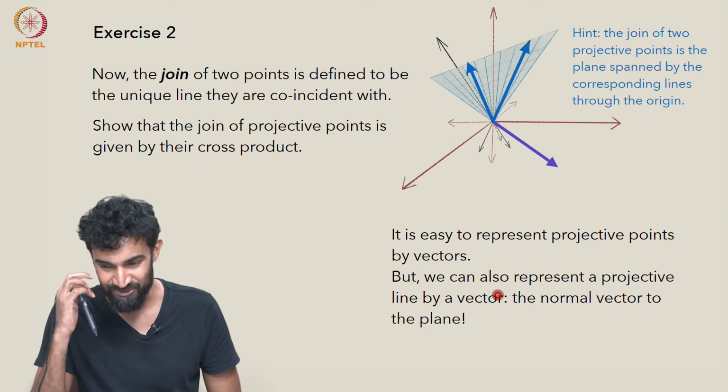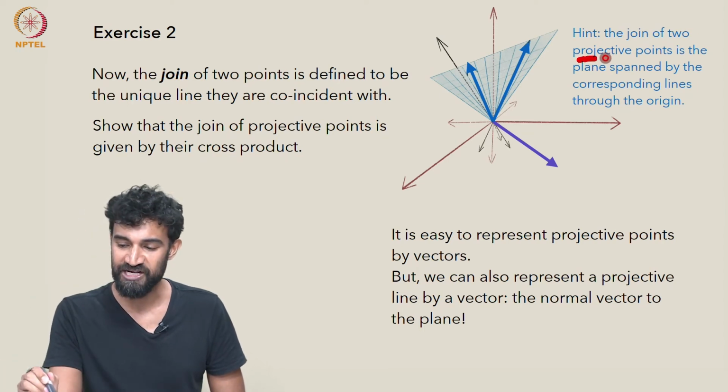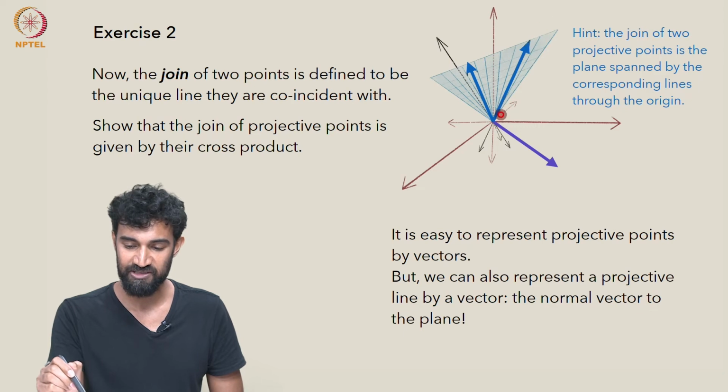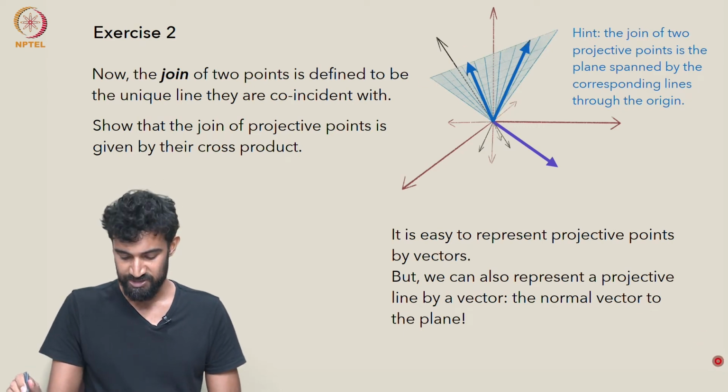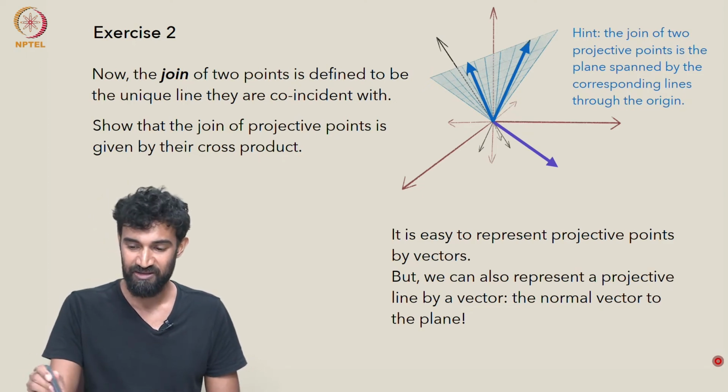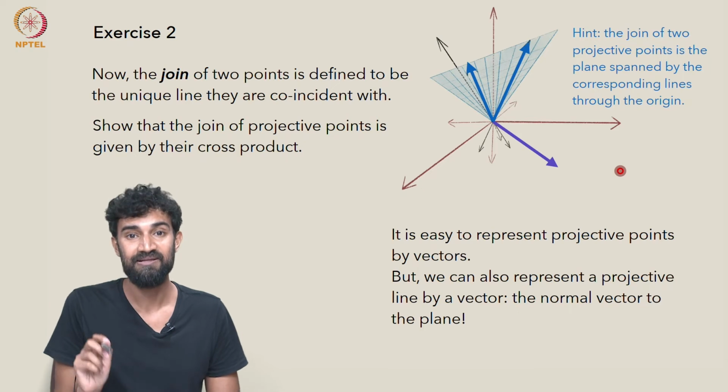And as a hint for this one, the join of two projective points is the plane spanned by the corresponding lines through the origin. The join of this projective point and this projective point is this plane through the origin. So you'll have to use the geometric interpretation of the cross product, but using this hint, that also shouldn't be too difficult.